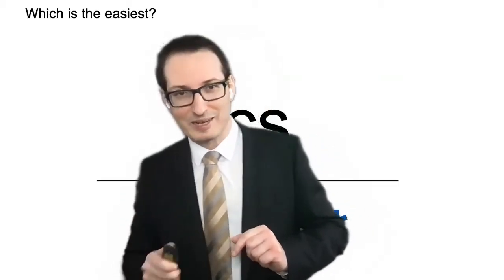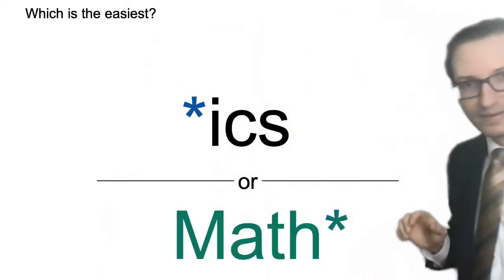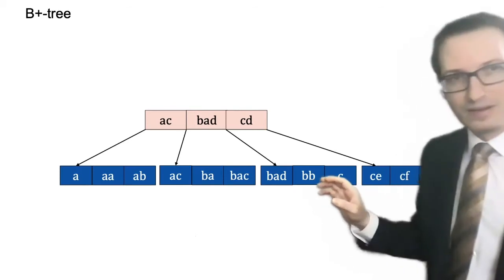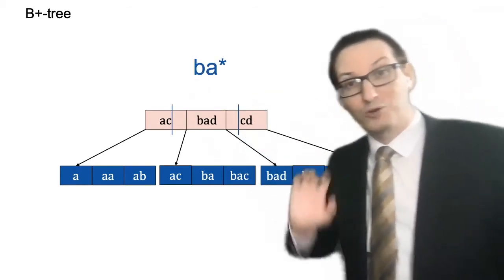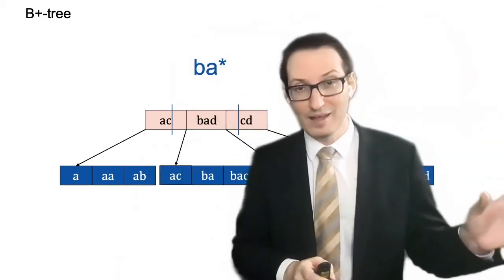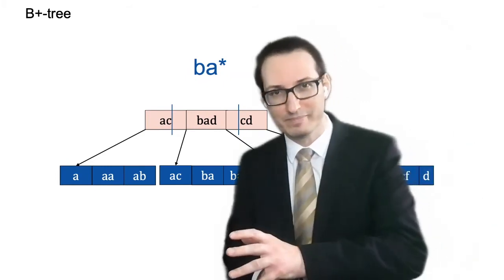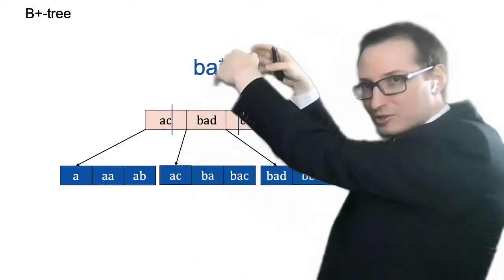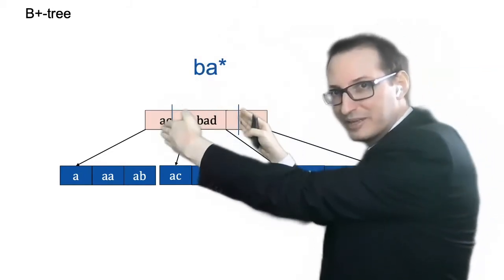The idea is that if you look, for example, for BA star, what you are looking for is actually an interval. It's the interval between BA included and BB excluded. So you just need to locate, starting from the top, BA and BB.